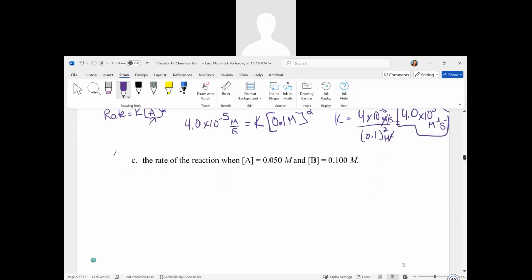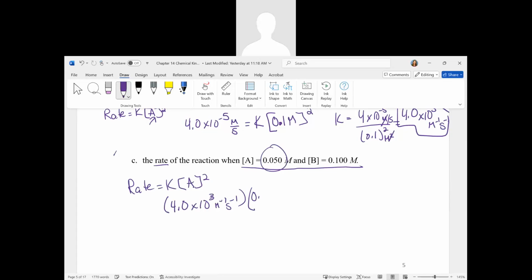The last part of this problem asks us to calculate the rate when we have this specific concentration for A and this specific concentration for B. Again, we know that our rate is affected by the concentration of A and not by B. So we're going to plug in our K, which we just found to be 4 times 10 to the third power, molar to the -1 second to the -1 for our units, and then we're going to multiply that by the value of A here, 0.05 molar, and square that.